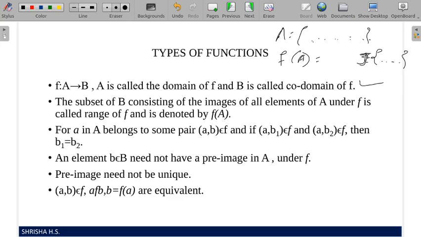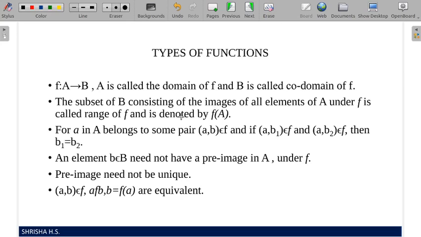That resulting set is called the range of f. That is denoted by f of A, meaning you are applying the function to every element of A. That's what it signifies. We'll do problems on this so that we understand it better.